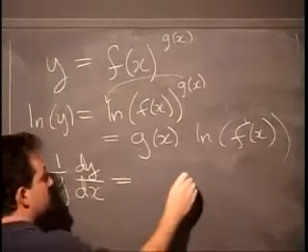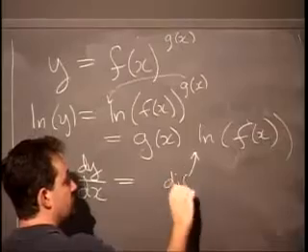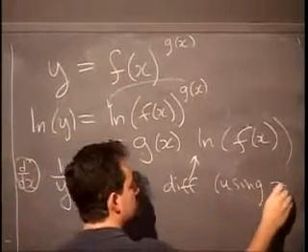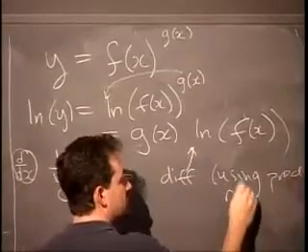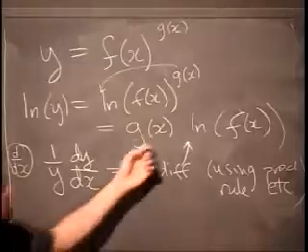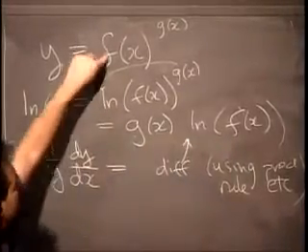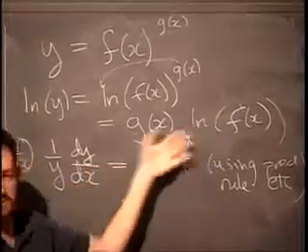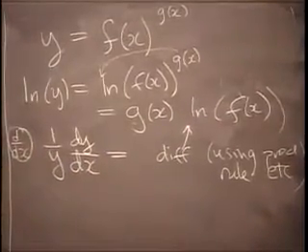So you should be used to writing 1 over y dy/dx. And then you just have to differentiate this, normally using the product rule or whatever. The point is that it's just a product. You might need the chain rule as well, but it's nothing like this. It doesn't have f to the power g. It's just a simple sort of thing involving products and compositions.